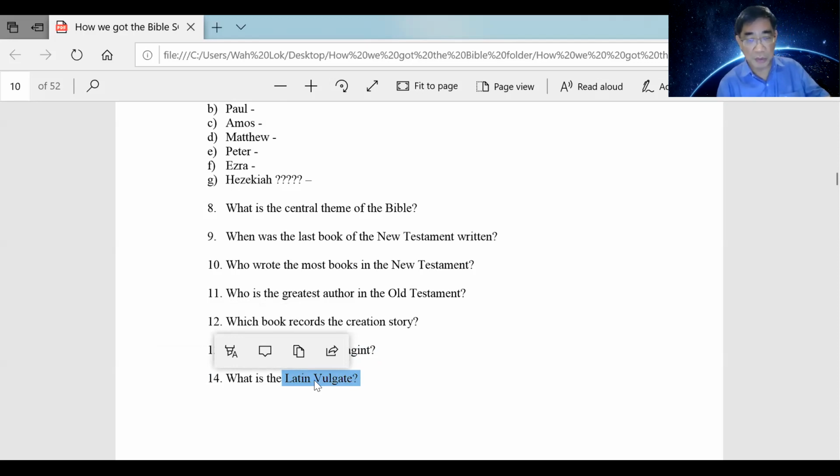Around 400 AD, as I shared in the first session, we have this guy, Jerome. The Roman Catholic Church, Rome being a global power, was the only church, and they wanted a Bible in Latin. So they translated the Bible from Greek into Latin and called it the Latin Bible. The Latin Vulgate has both the New Testament and the Old Testament.